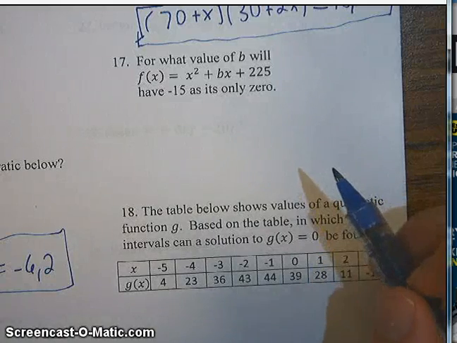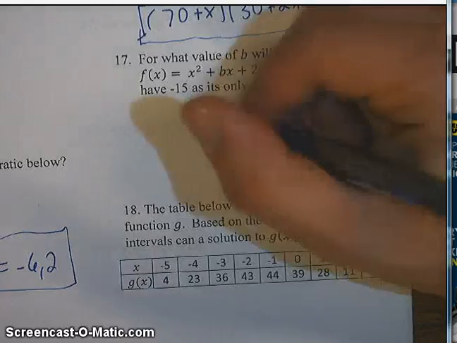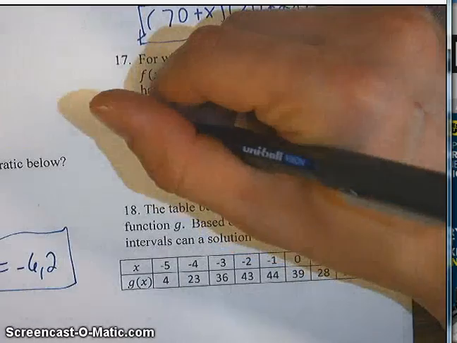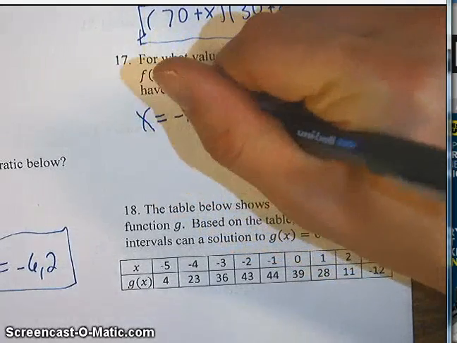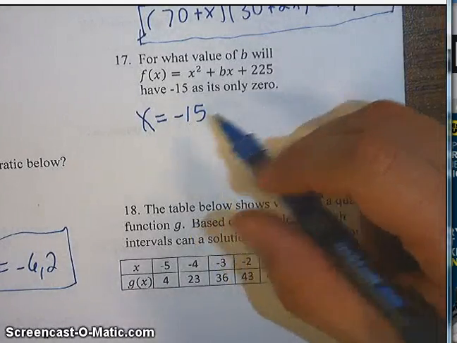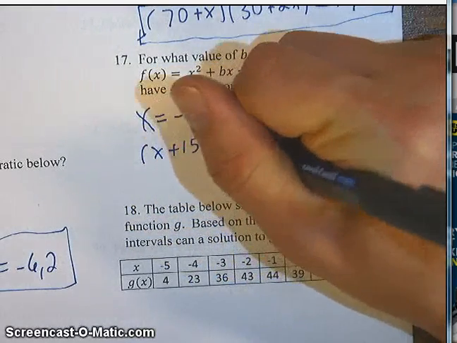And I think the easiest way to solve this is to say, well, if it has a 0 of negative 15, that means that x equals negative 15, right? Well, if I was to rewrite this in factored form, I'd write that as x plus 15 equals 0.